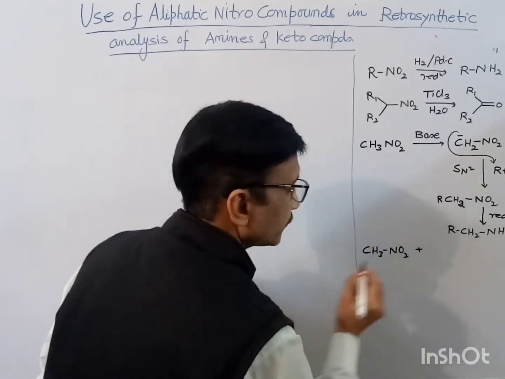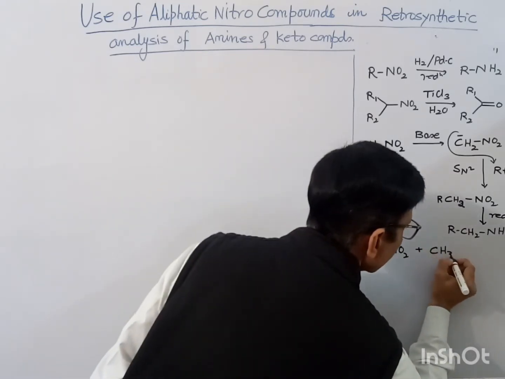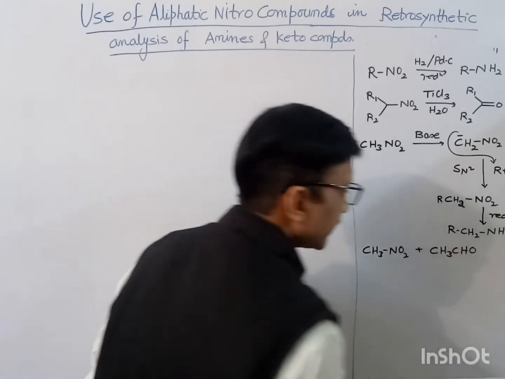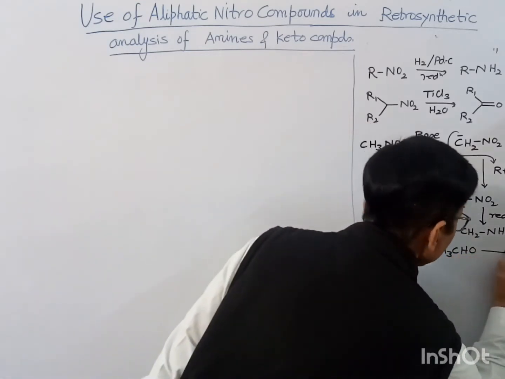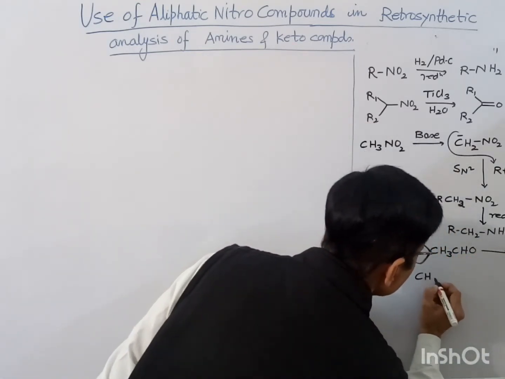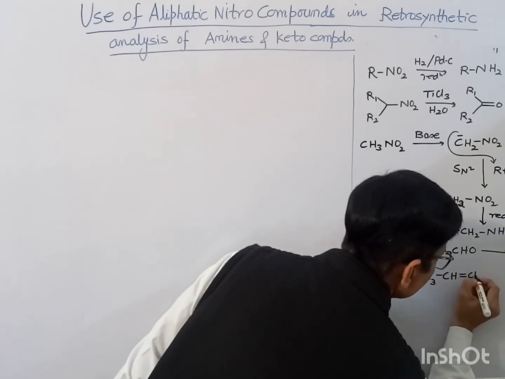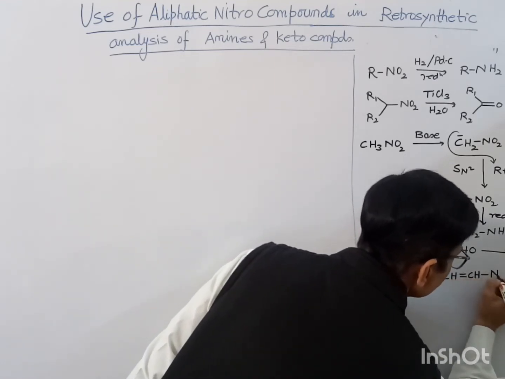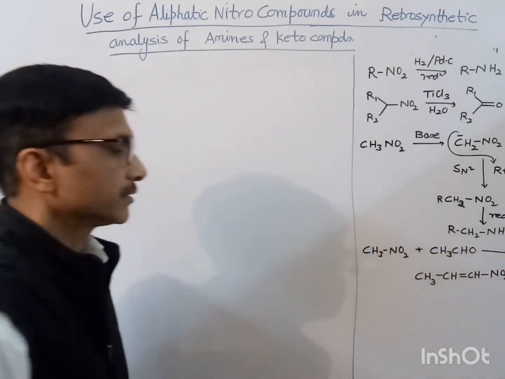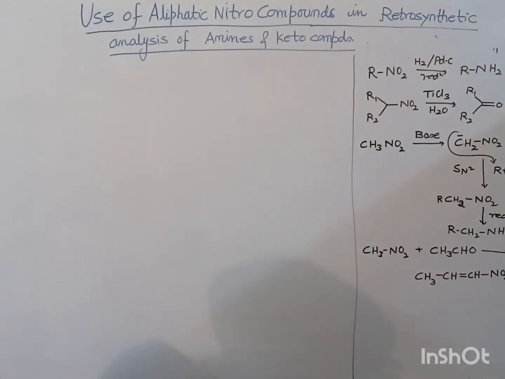Now this nitro compound, CH3NO2, may react with an aldehyde to give an alpha beta unsaturated nitro compound.